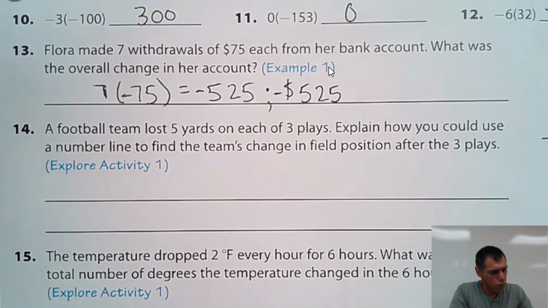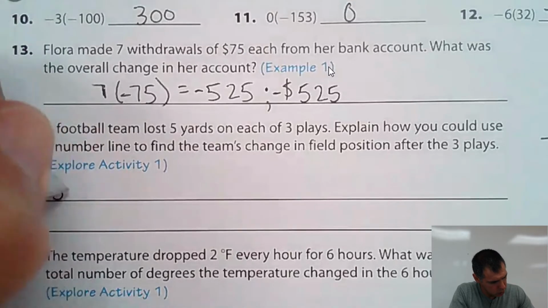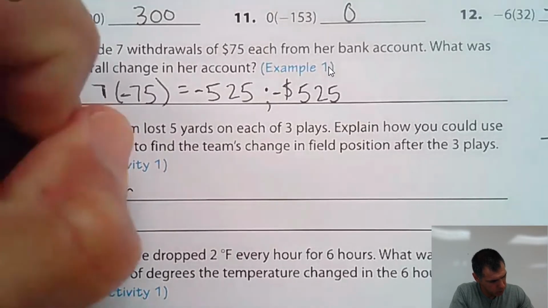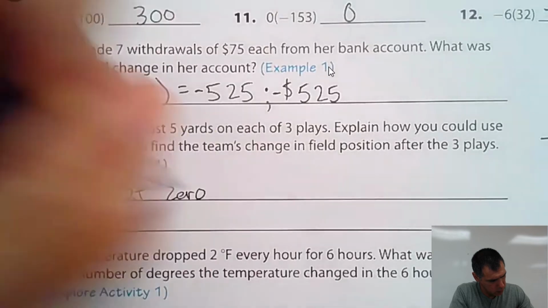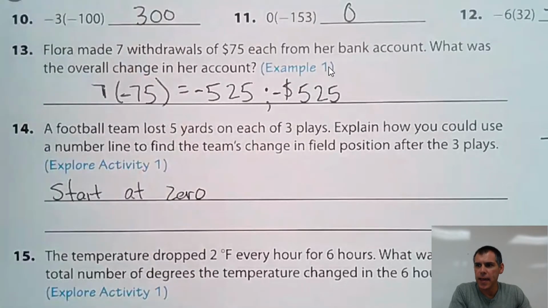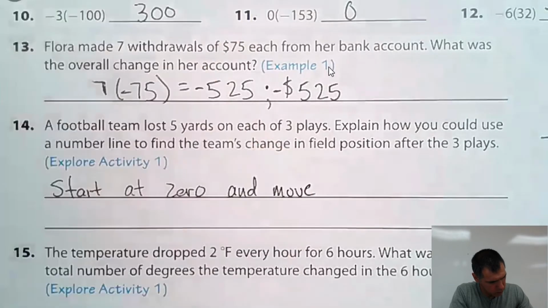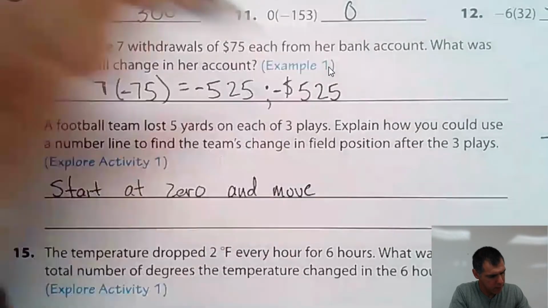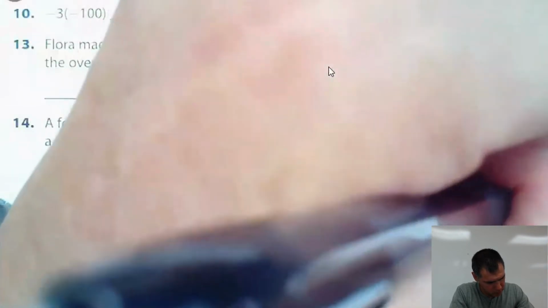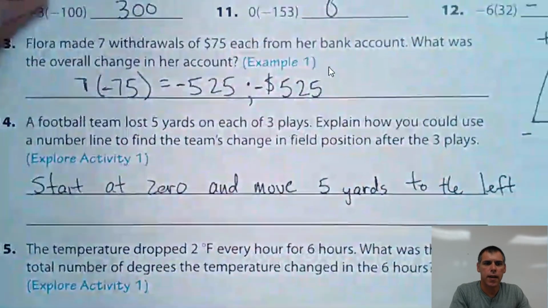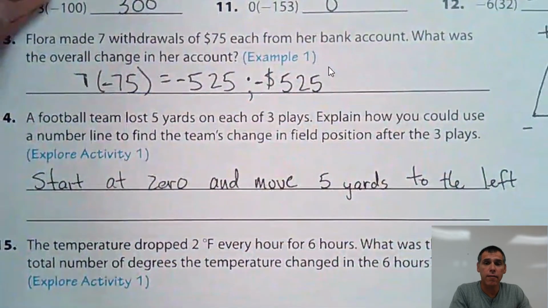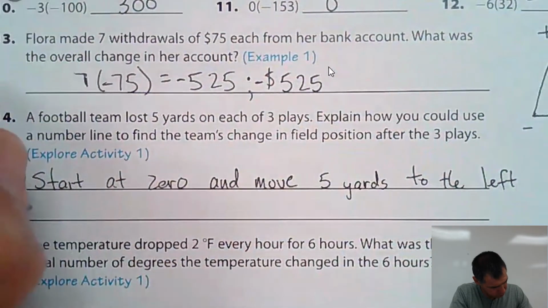What you would do is start at 0 on the number line, and move 5 yards to the left. And you would have to move to the left 3 times.